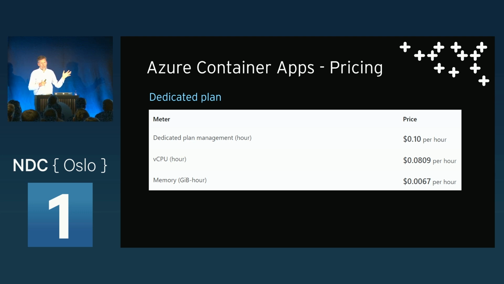This is more like saying, I want to provision these types of machines with a certain size, and then you pay for that instead. But it gives you a lot higher isolation compared to the consumption plan, so a lot of companies will want to use that plan instead. It's still in preview, but can be worth knowing.